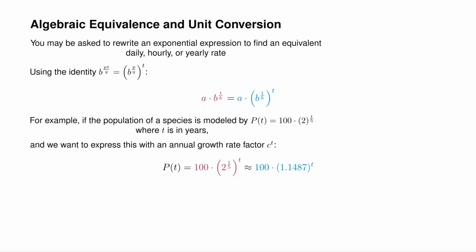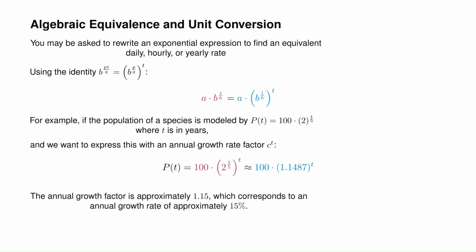Calculating the value of 2 to the power of 1/5 gives approximately 1.1487. From this rewritten equation, we can identify that the annual growth factor is approximately 1.15, which corresponds to an annual growth rate of approximately 15%.